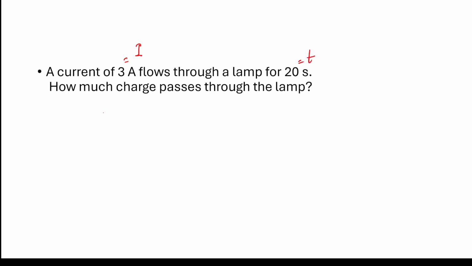Go ahead, pause and solve it. If you've done it, I'm going to write I equals charge over time. I is 3 amperes, so I'm going to rearrange it. So current times time is charge. Current is 3, time is 20, so this gives me 60. Remember the unit is coulombs, as charge is measured in coulombs.